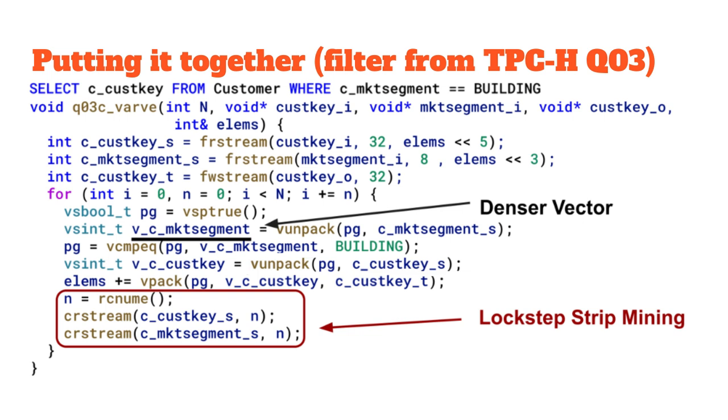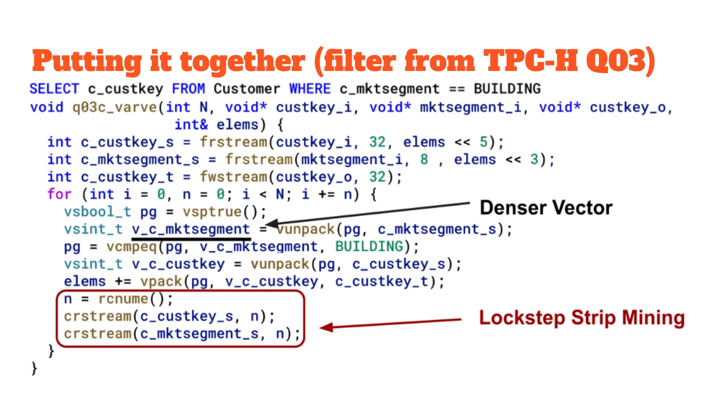Putting it all together, we look into a filter example from a TPC-H query, where we get the customer key for all customers in the building market segment. First, the market segment column is loaded into the VarVE vector register with native support for densely holding variable width values.